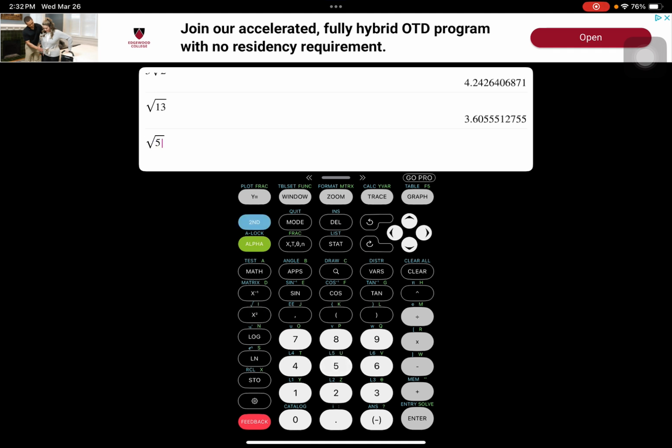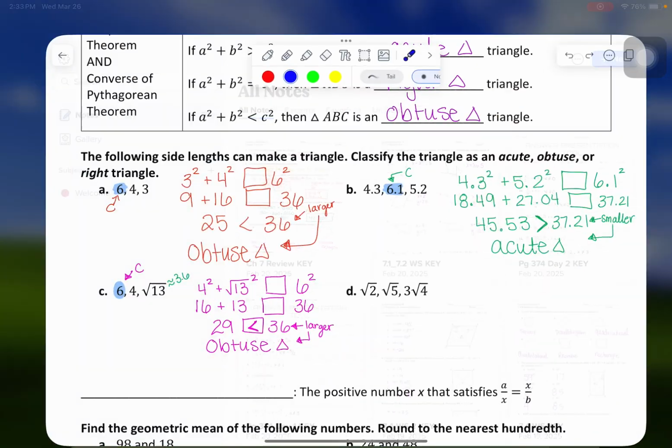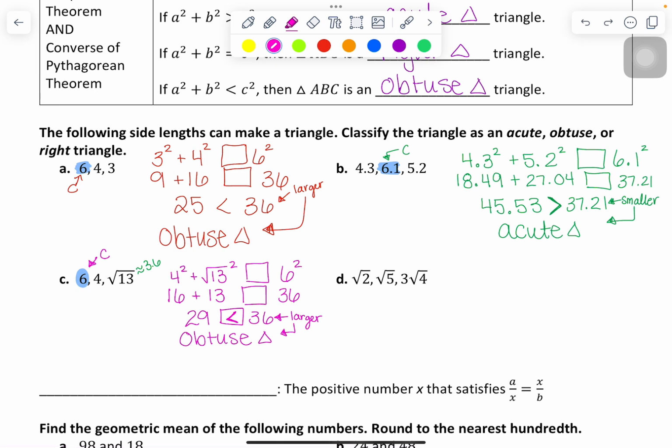Well, 3 square root of 4 is 6, which is definitely bigger than 2.23, etc. So that's the biggest side, which means that is what goes in for C.